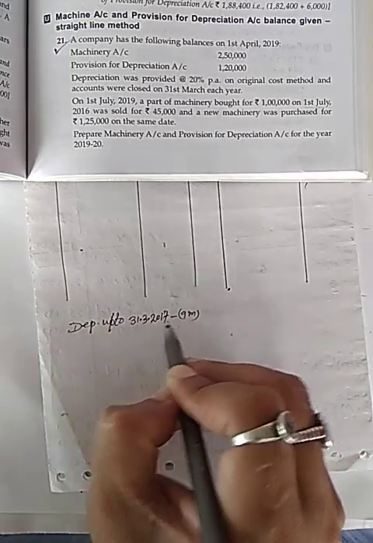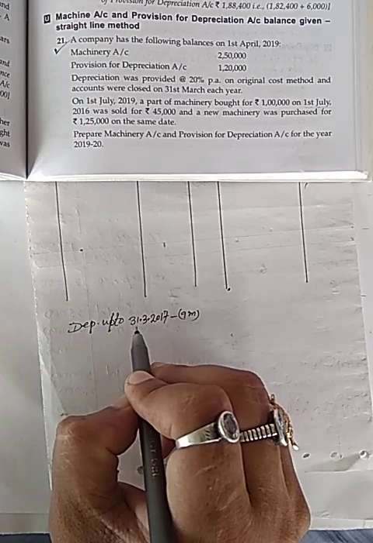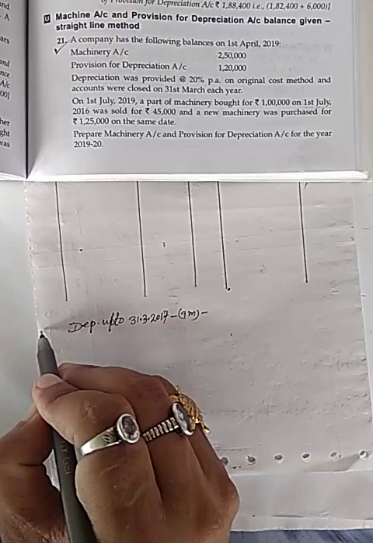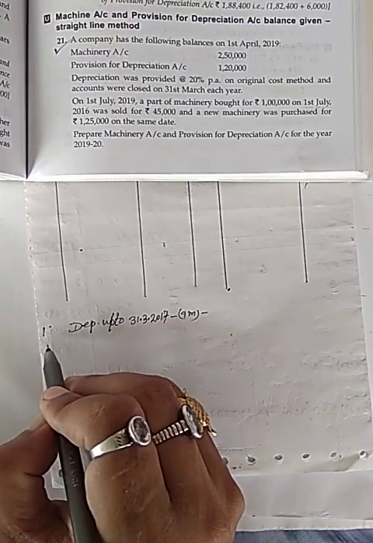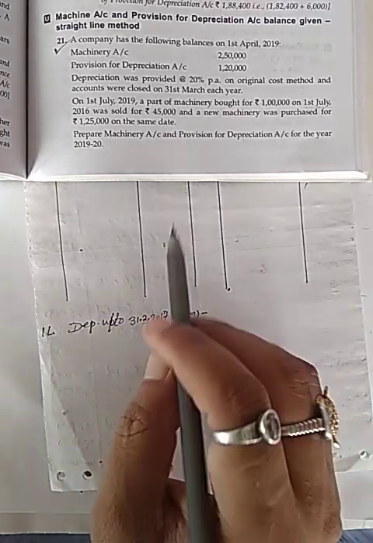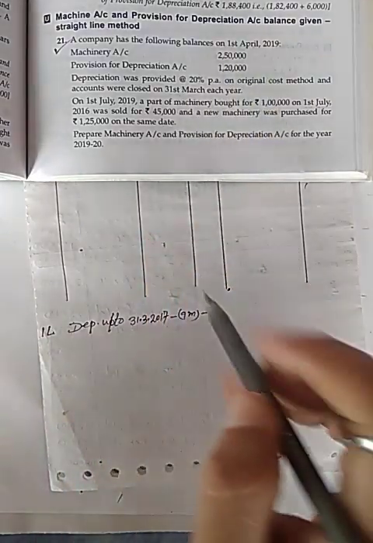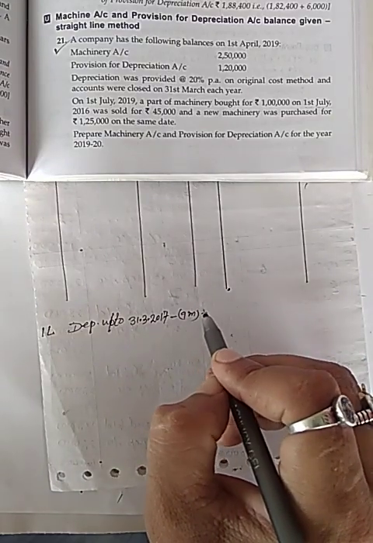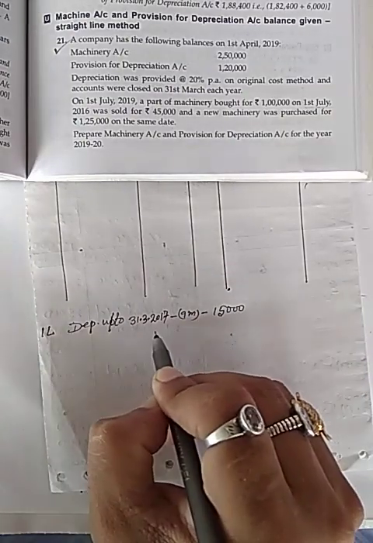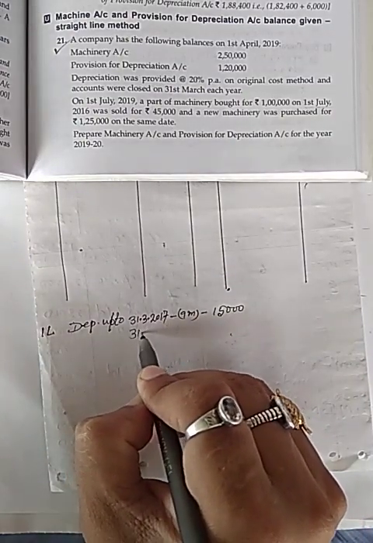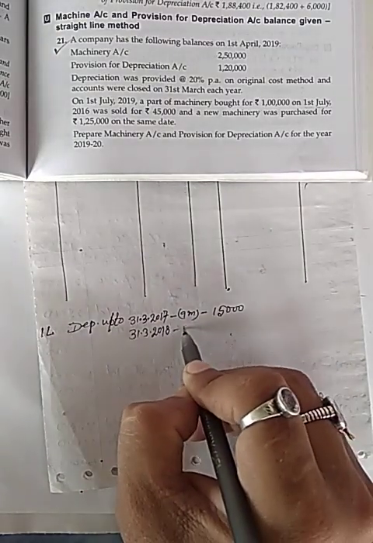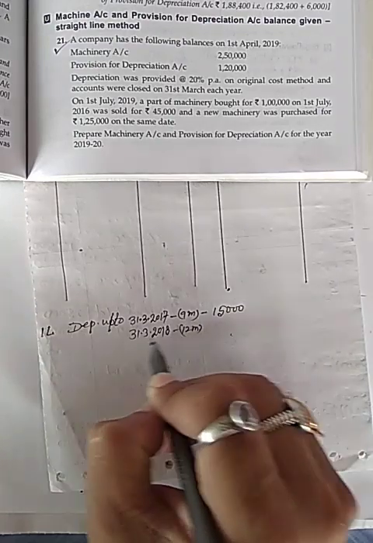In 2016-17 on 1 lakh cost at the rate of 20% per annum, it will be 15,000, and on 31st March 2018 depreciation will be for 12 months in this year.